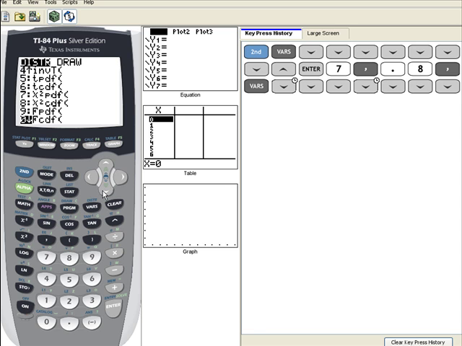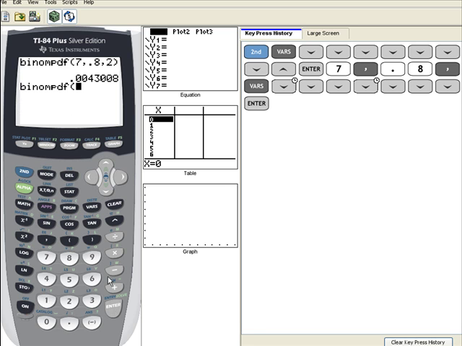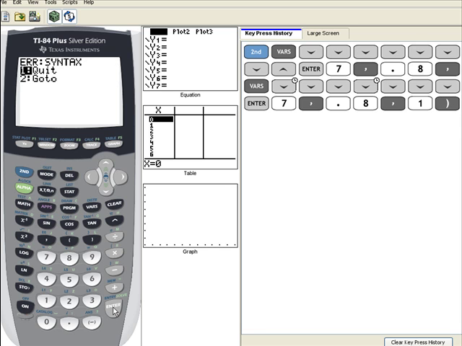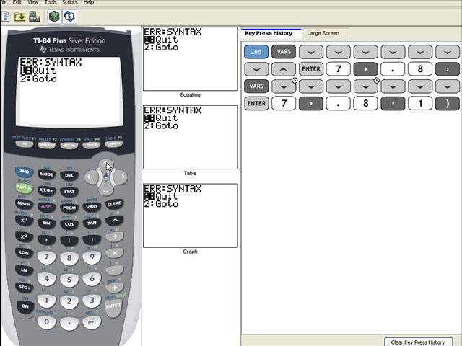Alright, so we have 7, comma, 0.8, those don't change. The x is the only thing that changes now, 1 in this part. Whoops, I've got a syntax error. Got 2 commas. Enter.